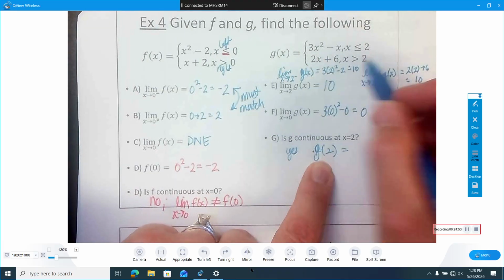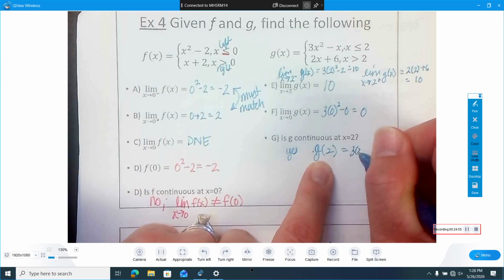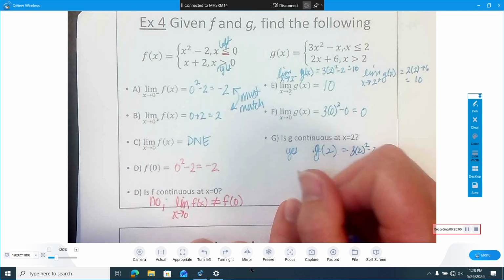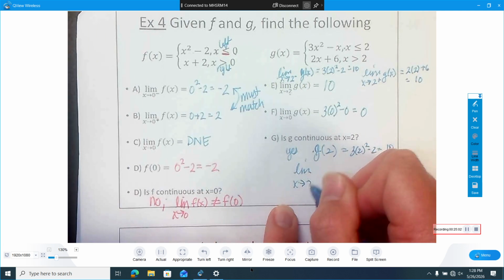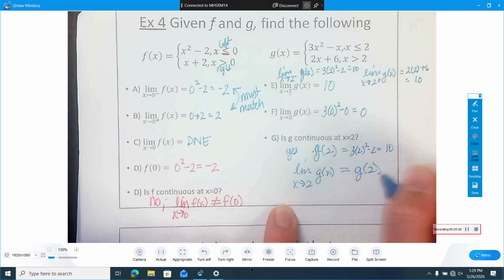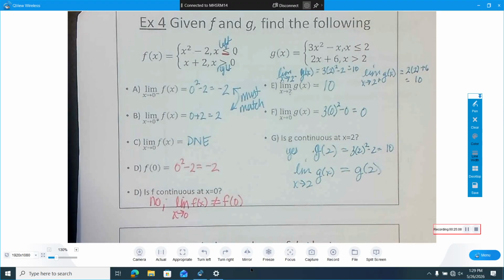We just had to plug it into that first top equation. 3 times 2 squared minus 2 is 10. So yes, our limit as x approaches 2 of our g function is equal to g of 2. The limit must equal the function value.